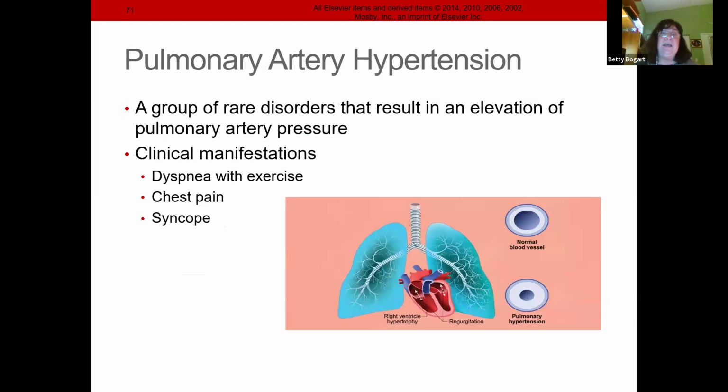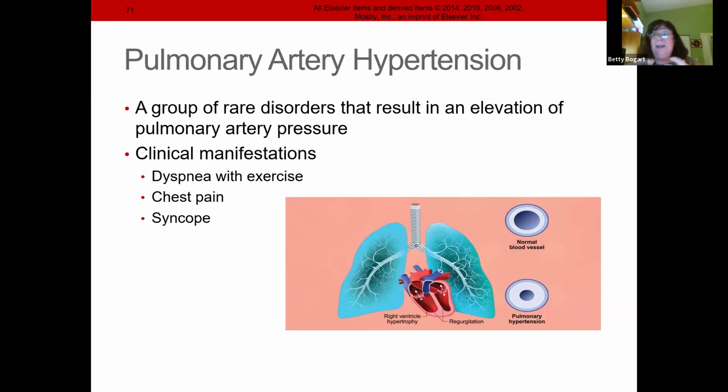Pulmonary artery hypertension. Now, you usually think of this as the older people where their lungs are getting tired and stiffened and oxygen and carbon dioxide don't get exchanged. I mean, these children, with little exertion, are tired and they get chest pain because of it.